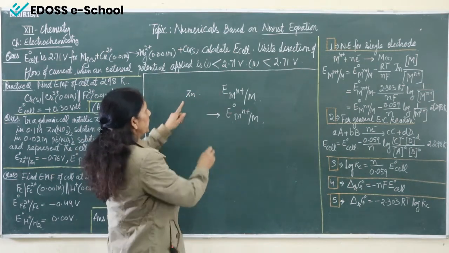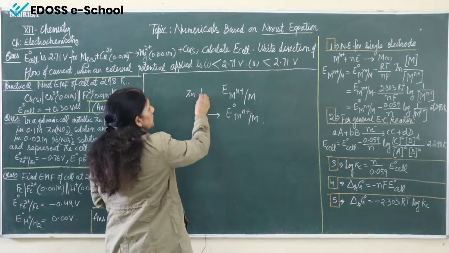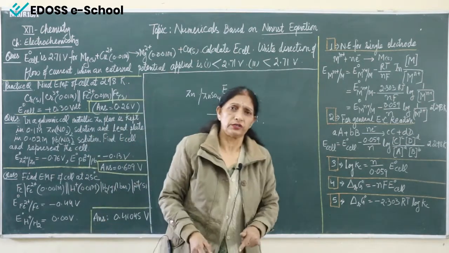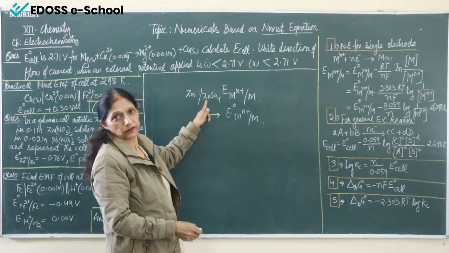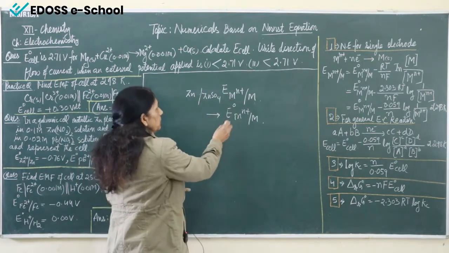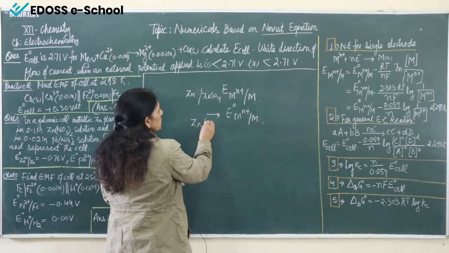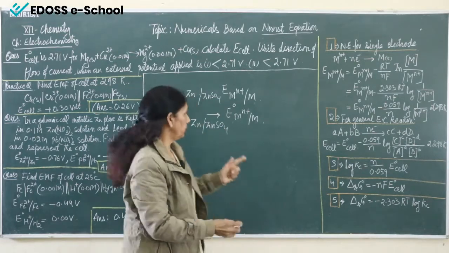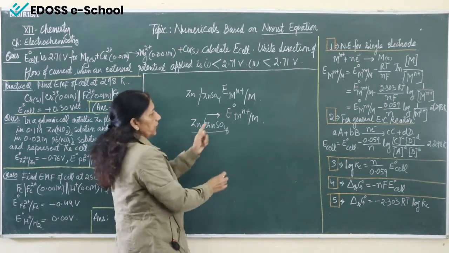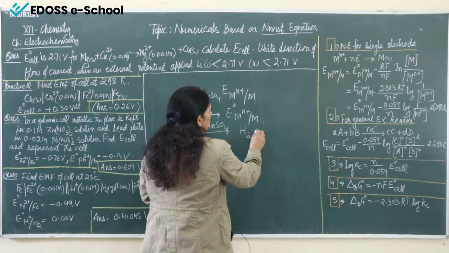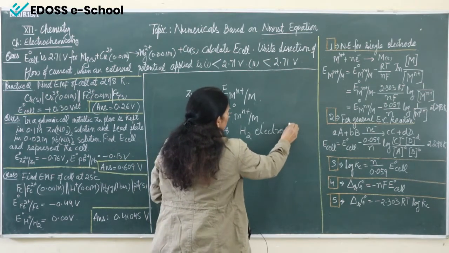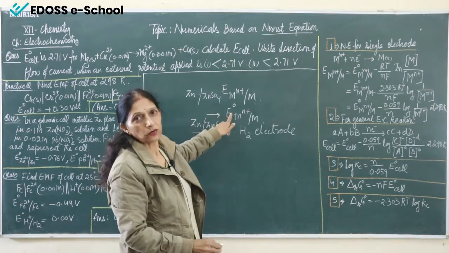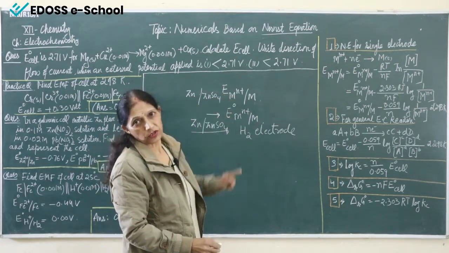This means a zinc plate is immersed in zinc sulfate or zinc nitrate or any zinc solution, the same electrolyte. Here also zinc is immersed in zinc sulfate, but here we are comparing it with the hydrogen electrode. So this is known as E naught, or standard electrode potential, and this is the electrode potential.